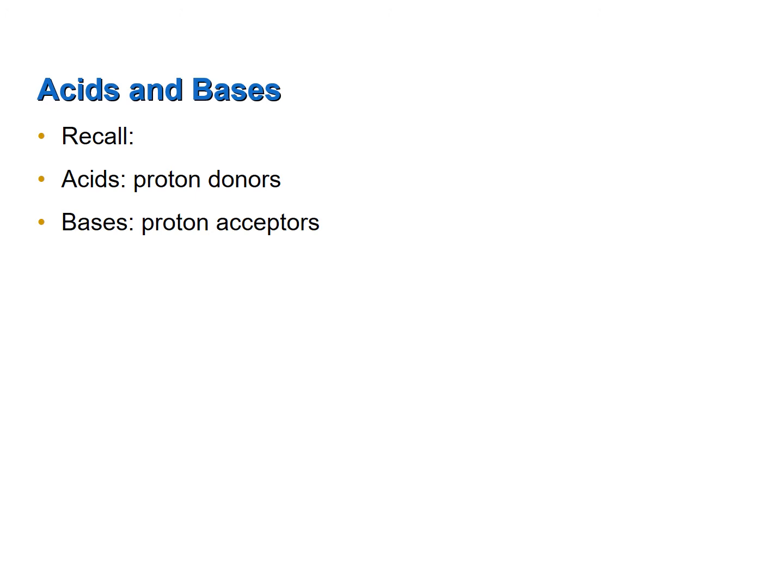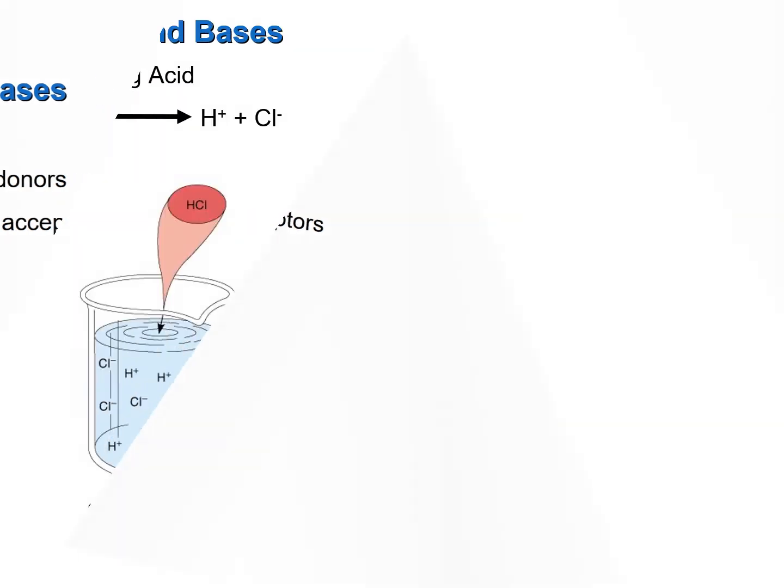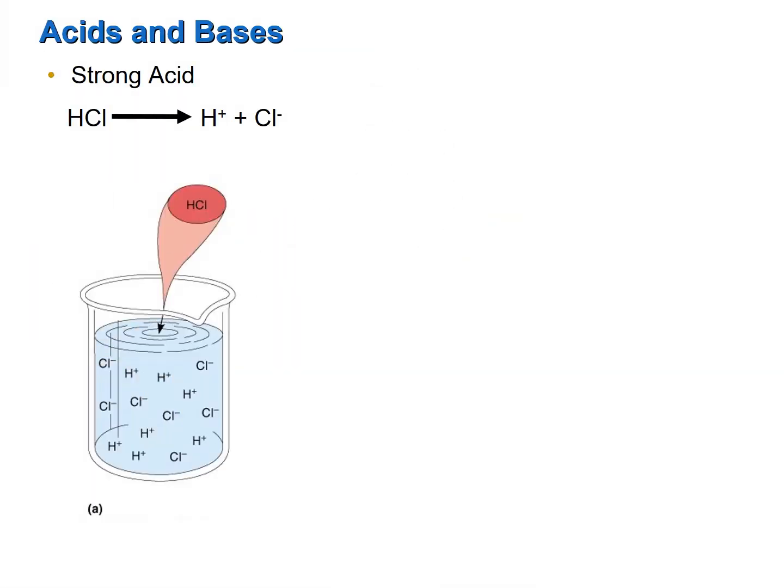Let's focus on that in the next few slides. You ever wonder what the difference is between a strong acid versus a weak acid, or a strong base versus a weak base? Well, it all has to do with how well they dissociate when placed in water.